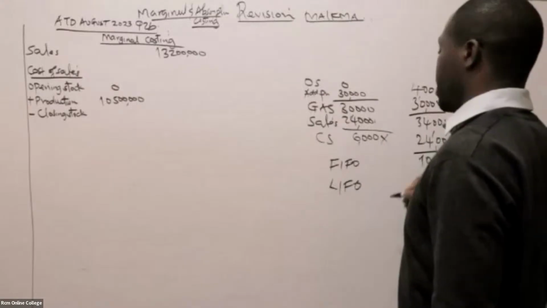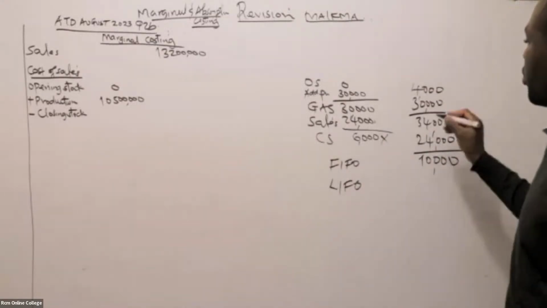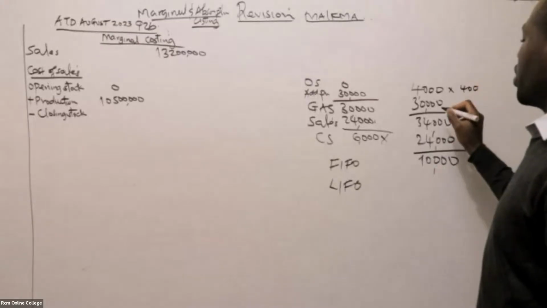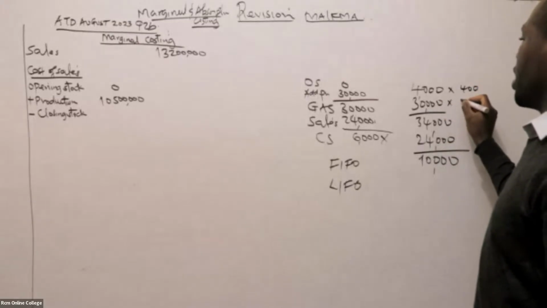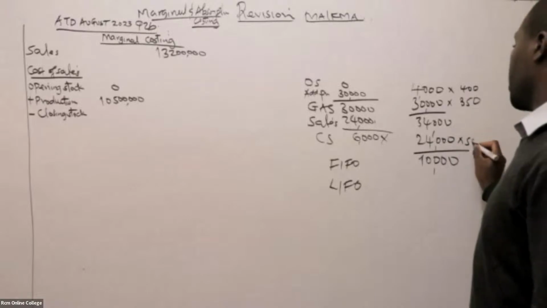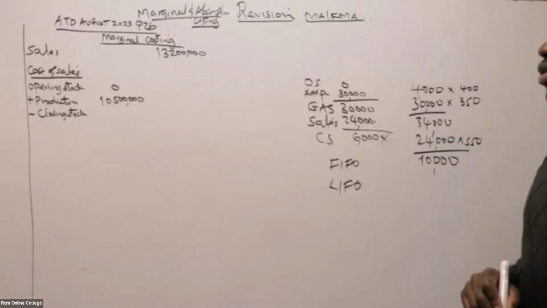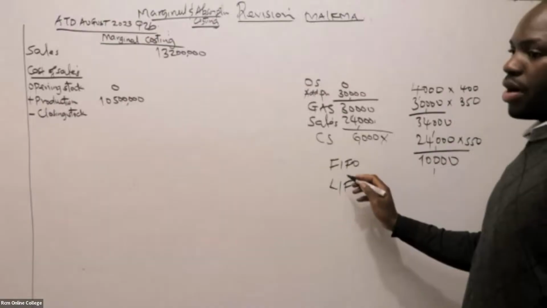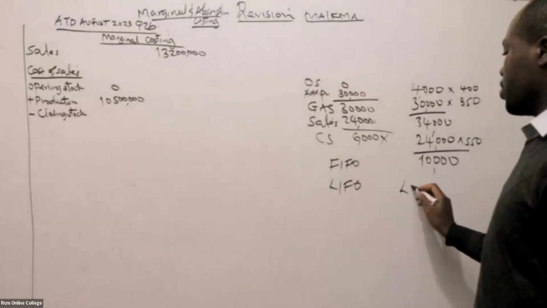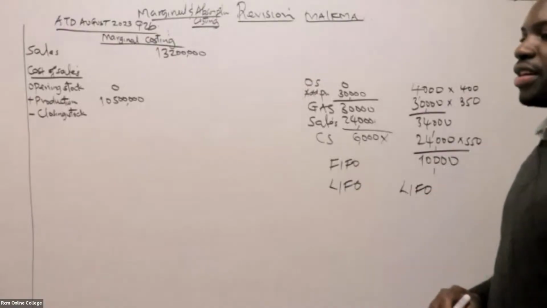Then we come and complicate things and tell you that this opening stock was brought in at 400. Then we tell you what was produced during the year was produced at 350. The sales were sold at 550. Now we complicate things by giving one additional piece of information: the company is using LIFO, last in, first out.